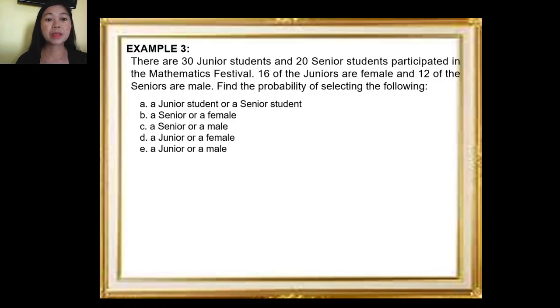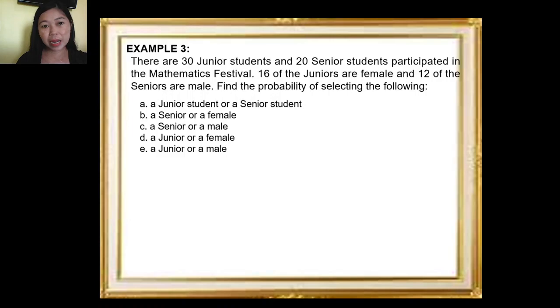Letter A. Probability that it is a junior student or a senior student. Letter B. Probability that it is a senior or female. Letter C. Probability of a senior or a male. Letter D. Probability of a junior or a female. And letter E. Probability of a junior or a male.